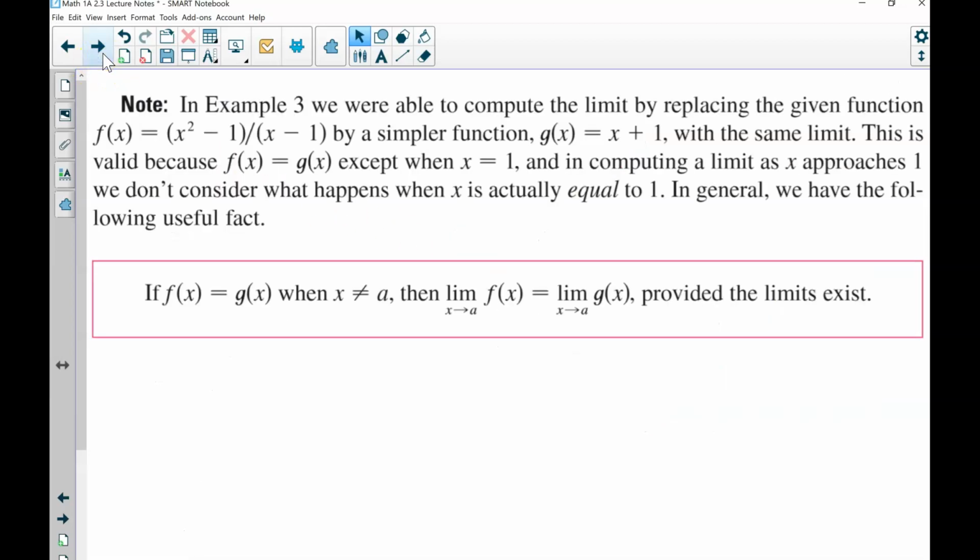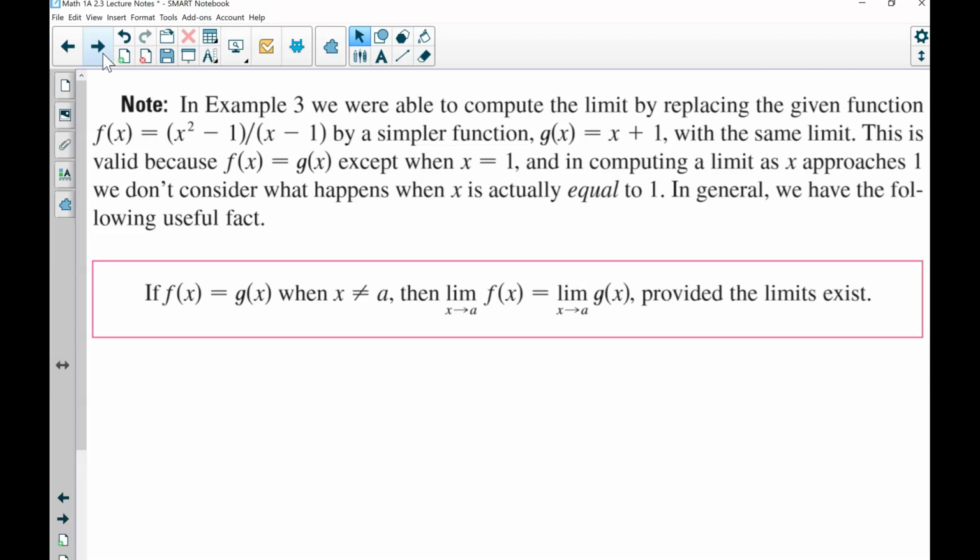So that gives us another definition here. In that previous example, we were able to compute the limit by replacing the given function by a similar function, by factoring and getting the function x plus 1 with the same limit. This is valid because f of x is equal to g of x except when x is equal to 1, which again created the hole.